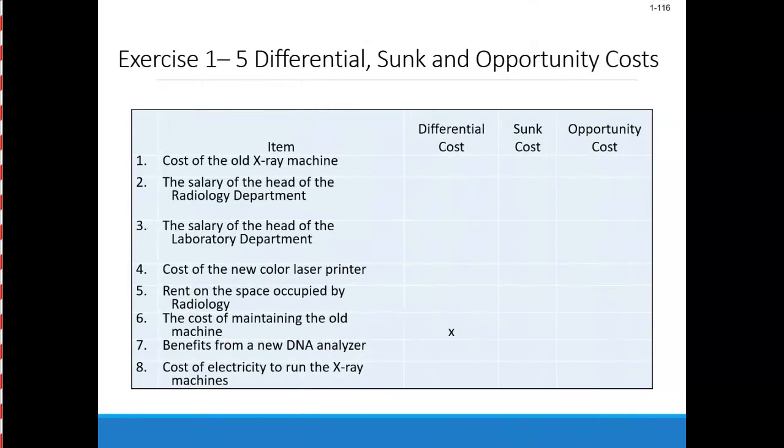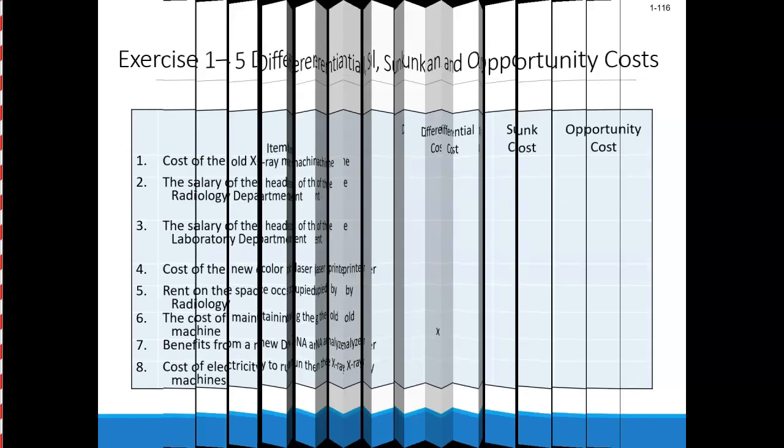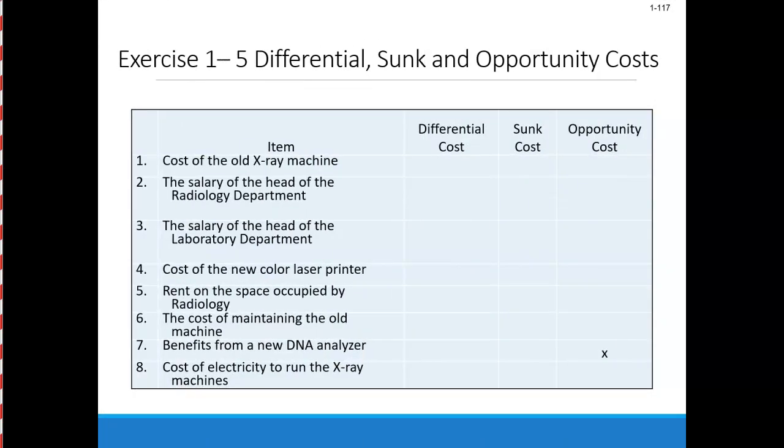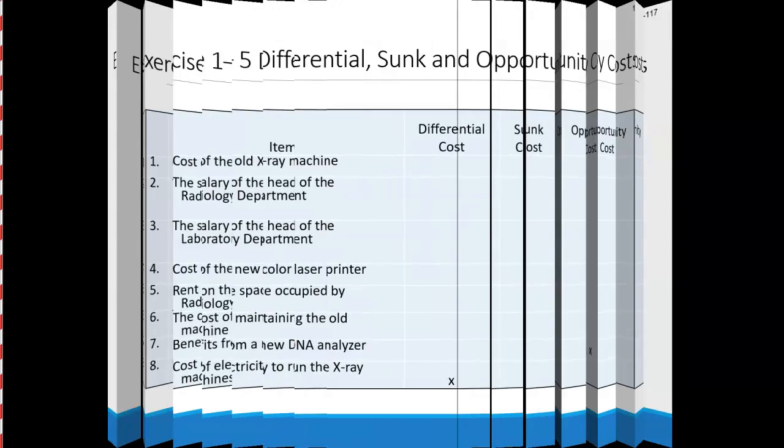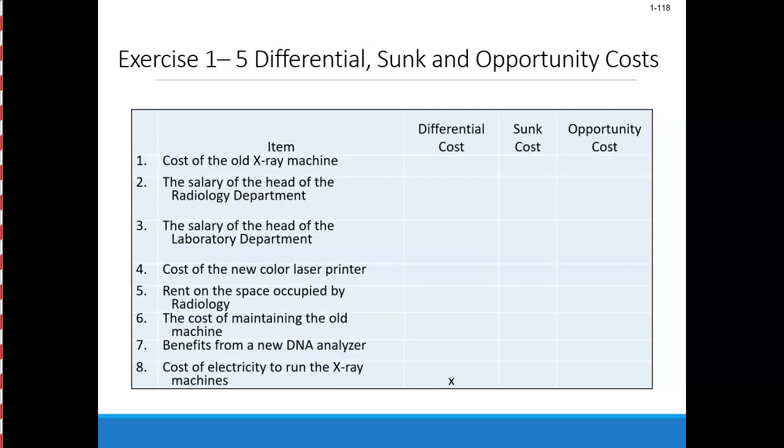In terms of the rent on the space of the radiology, it doesn't apply. The cost of maintaining the old machine is a differential cost. It's one or the other. The benefits of the DNA analyzer is an opportunity cost if they get it. And the cost of electricity to run the machine would be a differential cost. Okay?